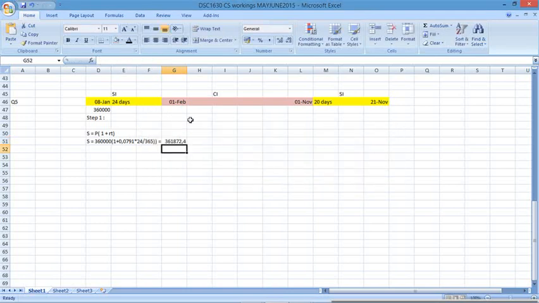Right, so that's the first answer that I get. That's the future value using simple interest. I'm now going to take that forward using compound interest.